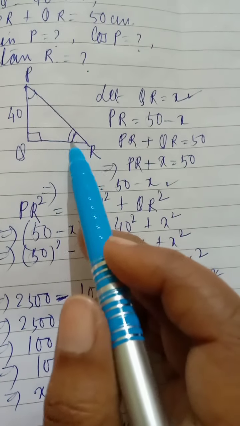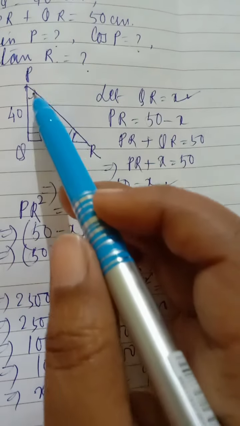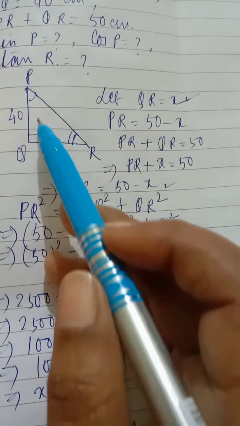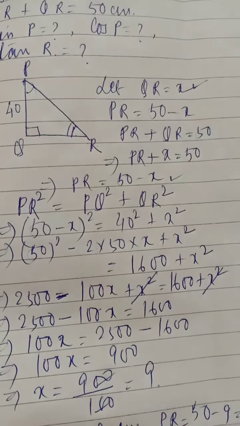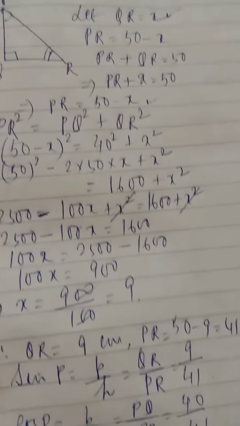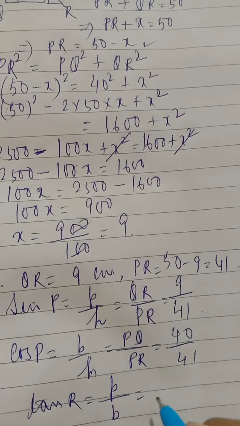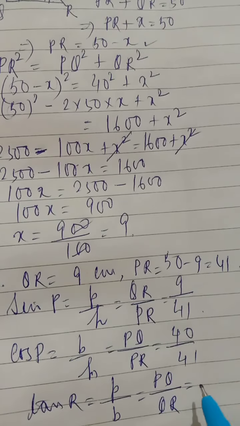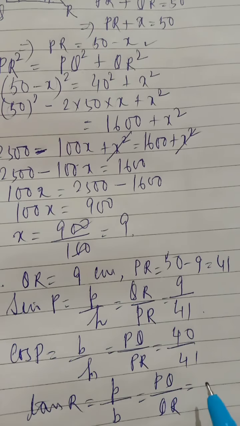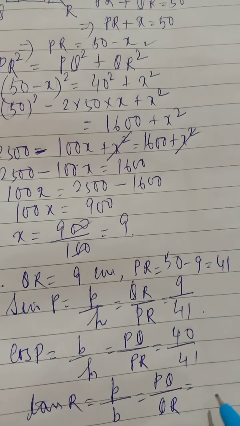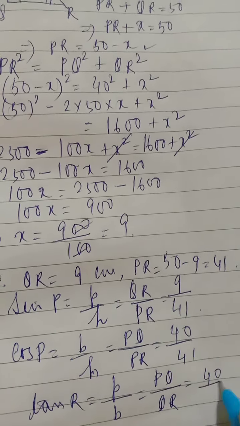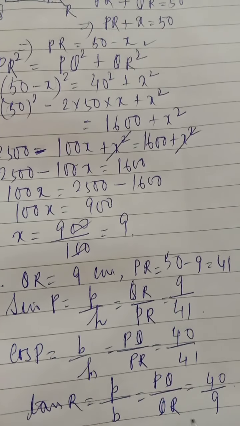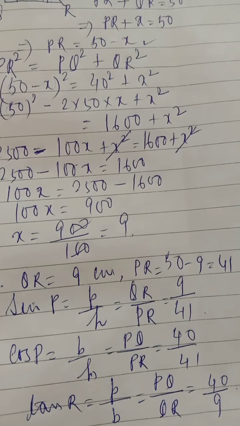So it's PQ by QR. PQ's value is already given in the question, it's 40, and QR we got 9. So the answer will be 40 by 9.